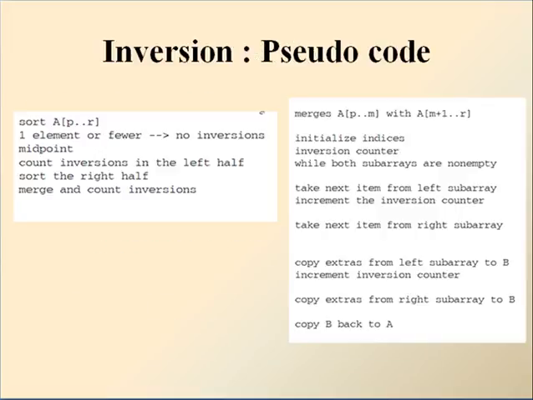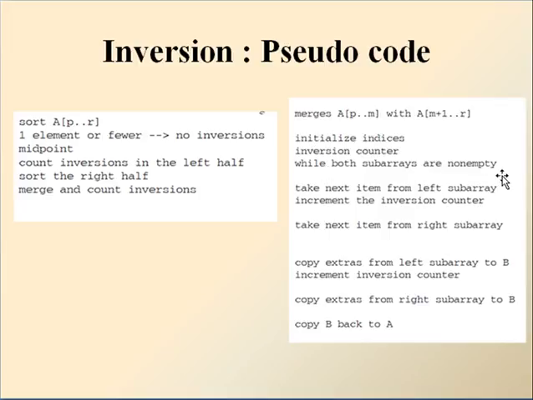The inversion pseudocode. Sort A from P to R. One element or fewer, no inversions. Find the midpoint. Count inversions in the left half, sort the right half, merge and count inversions. Merge A from P to M with A from M plus 1 till R. Initialize indices and the inversion counter.